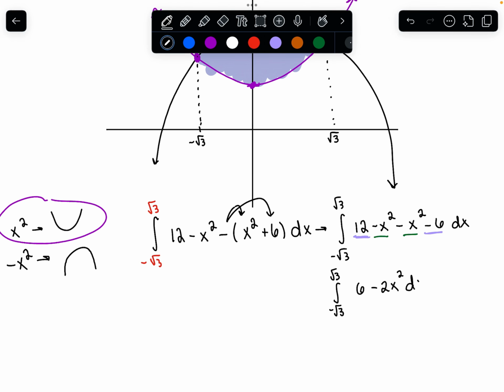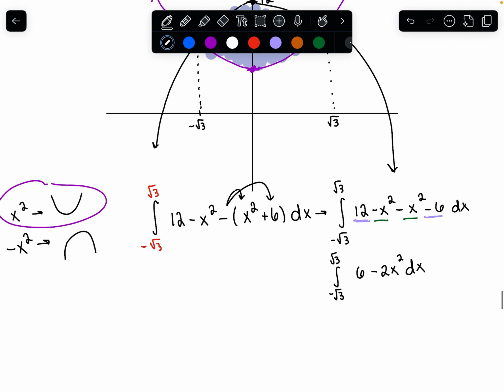All right, now we're ready to take the antiderivative. Shouldn't be too much heavy lifting here. Okay, so we're going to get 6x minus 2x cubed over 3. Evaluate from negative root 3 to positive root 3.